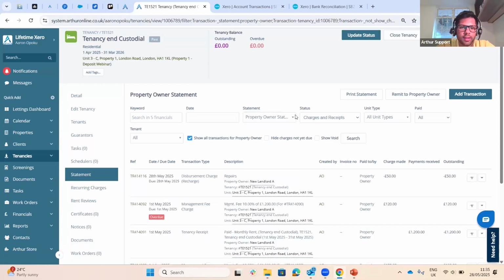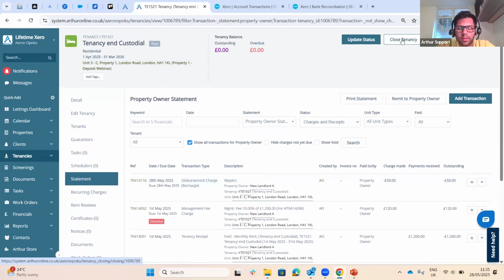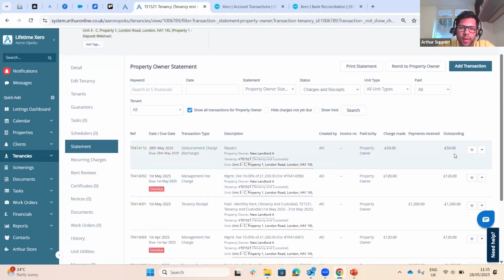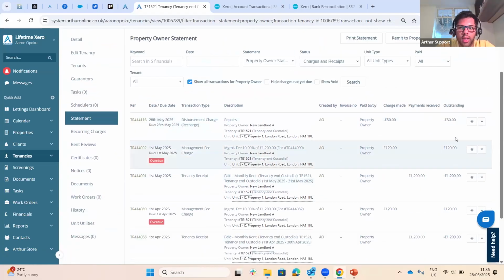And then here we can also see, by ticking that box, which was credit property owner box, when we added that repair, it created this disbursement charge here of -50, which is now money you can then remit to the landlord. So this is £50 you can then send across over to the landlord. So this will be included in your remittances from your financials and property owner remittances.